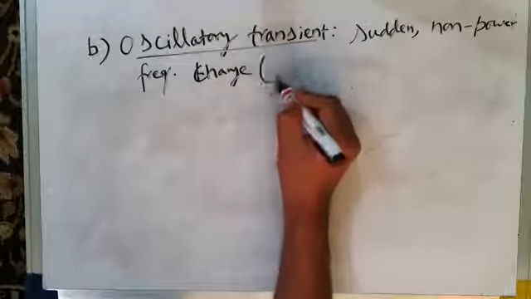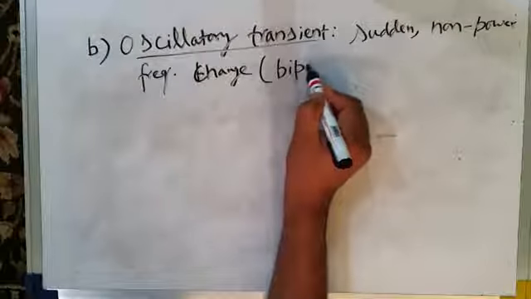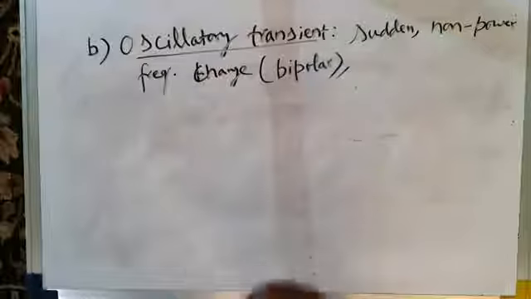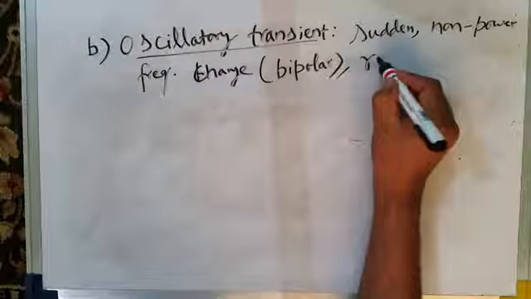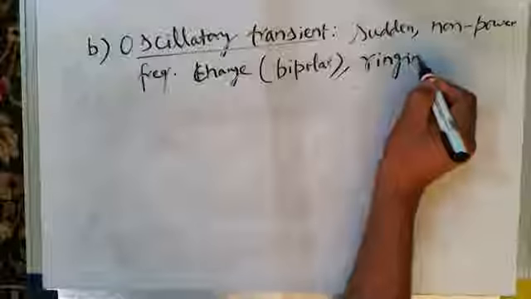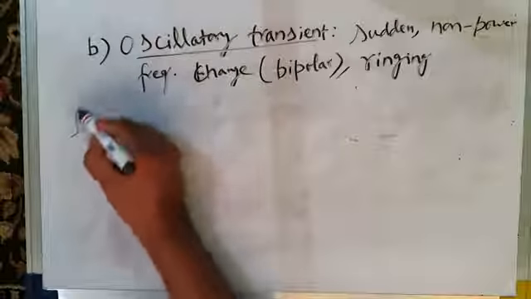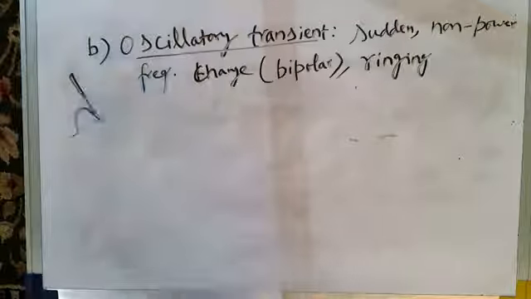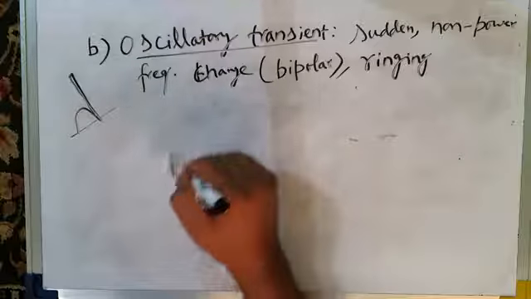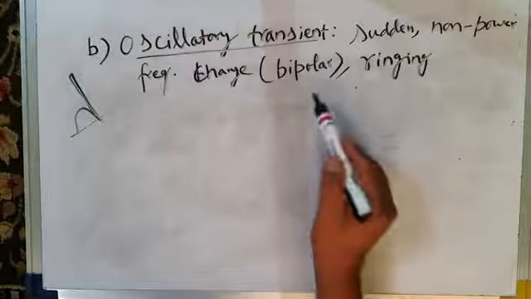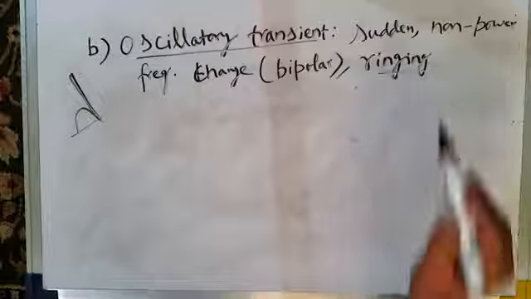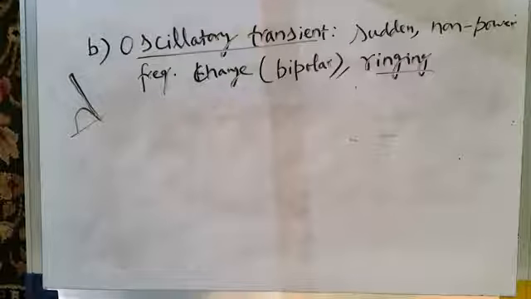It is bipolar in nature, and it gives rise to what we call ringing. Ringing means it is not a change like this. It results in frequent oscillations, and those oscillations give rise to what we call ringing.